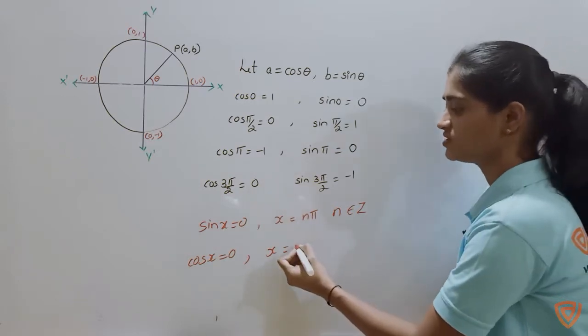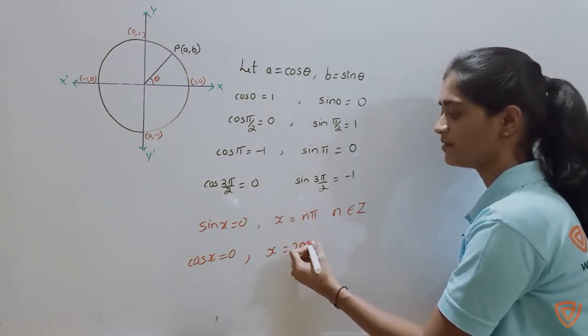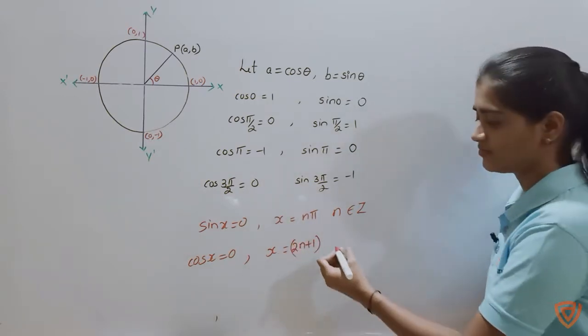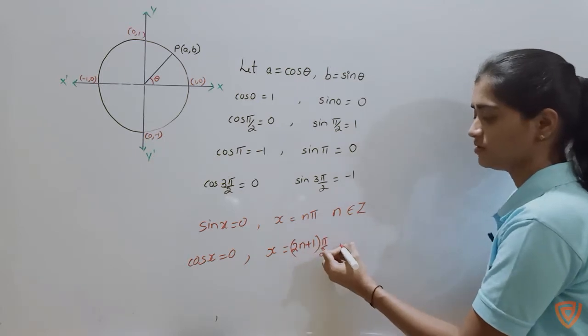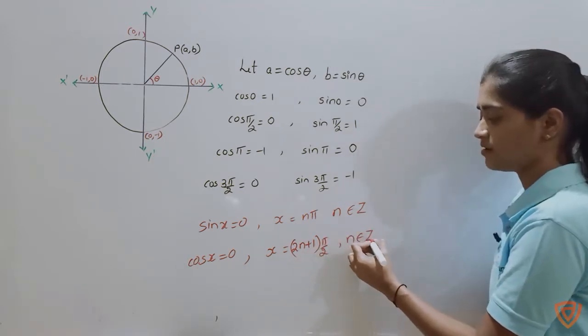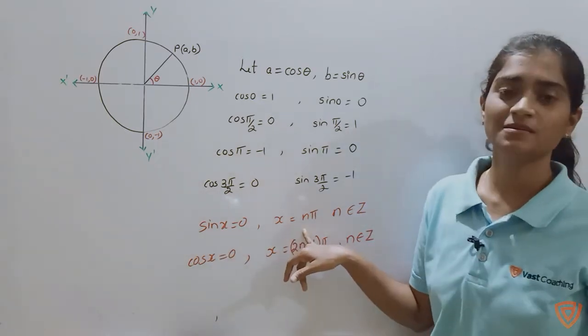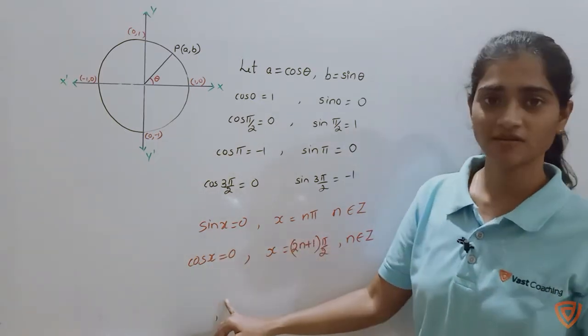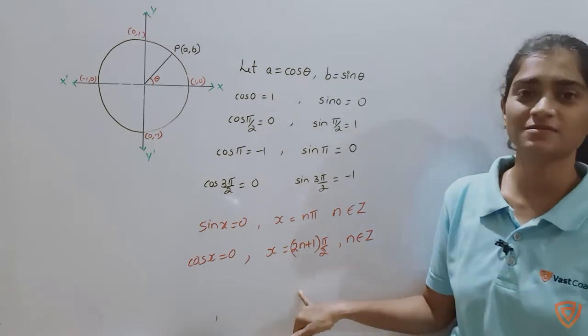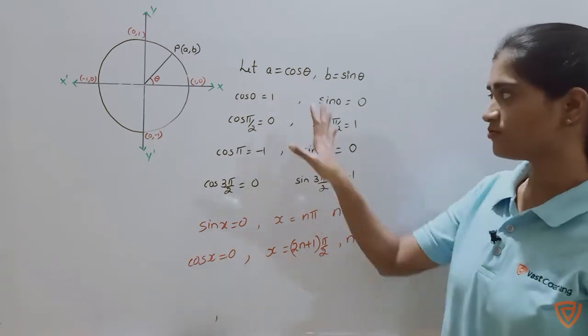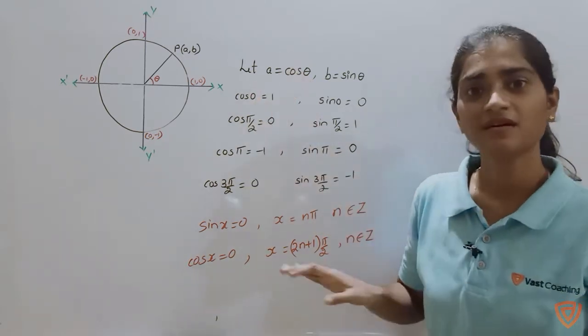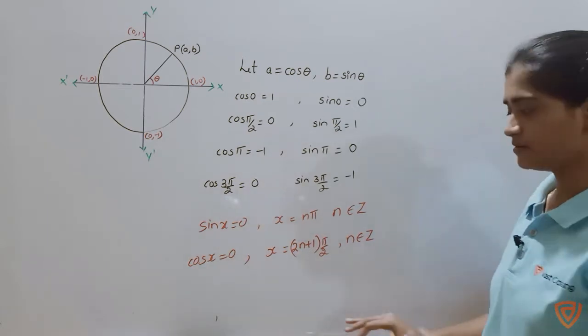So we can write an odd number as 2n plus 1, times pi by 2, where n belongs to the integers. So sin x is 0 when x is a multiple of n pi, and cos x is 0 when x is an odd multiple of pi by 2. So from this figure we can conclude this, right?